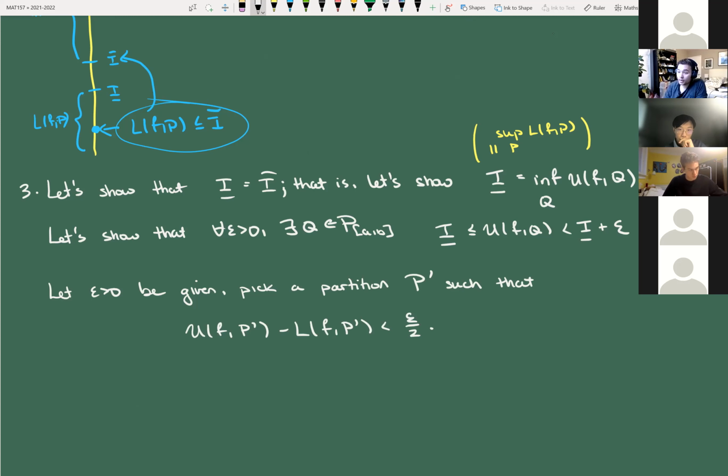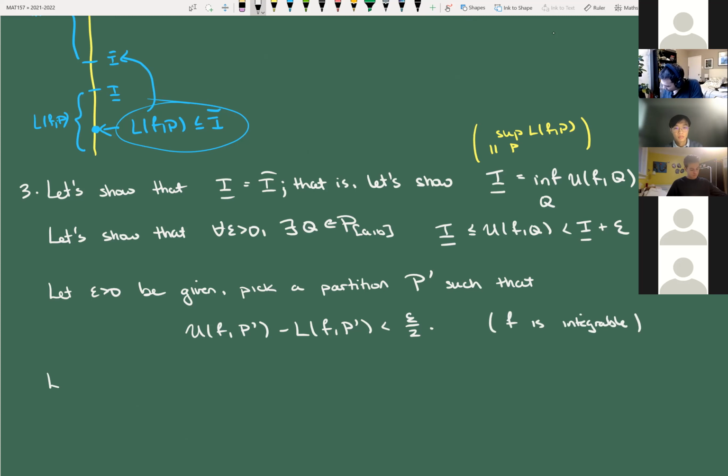Again, I can do this because I know that the function is integrable, right? I've assumed the function is integrable going into this. So the function is integrable. Okay, and the other thing that I want to do is use the fact that I know what I under bar is, right? I under bar is the supremum of the lower sums. So this is since F is integrable.